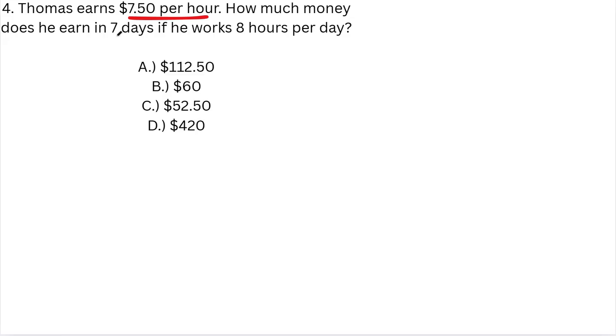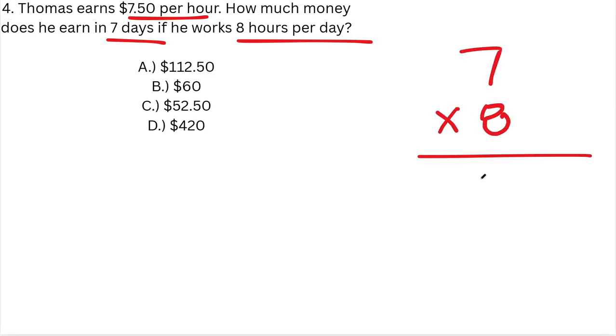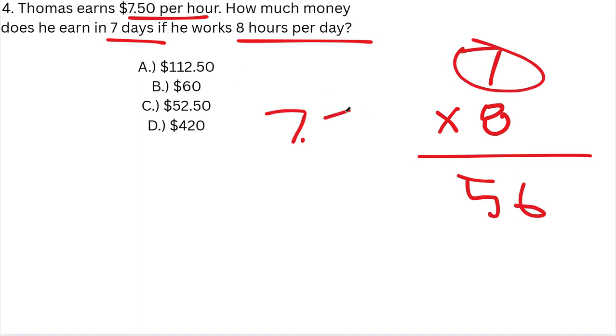First thing we want to know is how many hours he has worked. So 7 days, and then he works 8 hours a day, which gives you 56 hours over the 7 days that he worked. And then we can multiply 7.5, which is the hourly wage of Thomas, by 56.